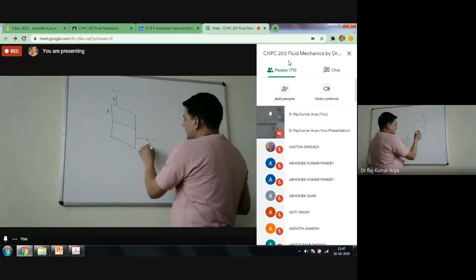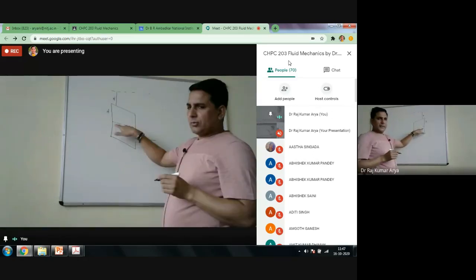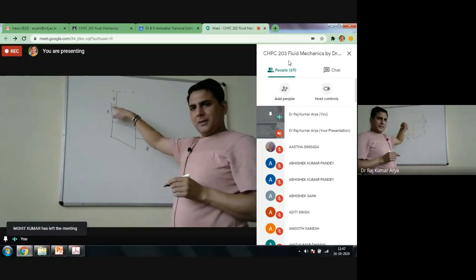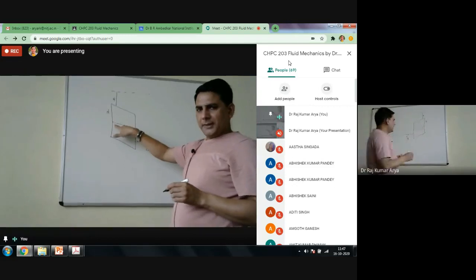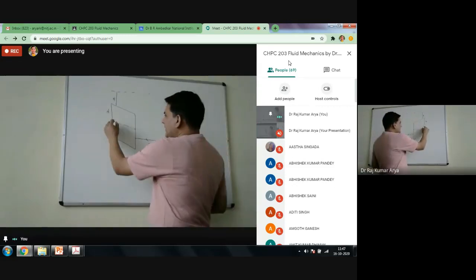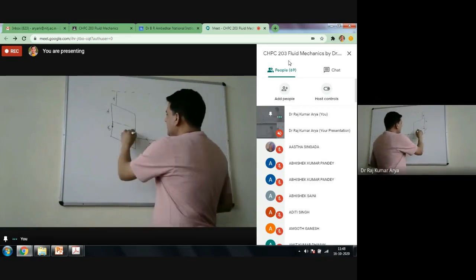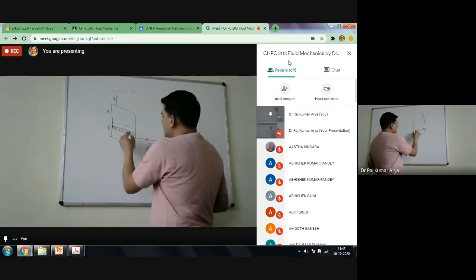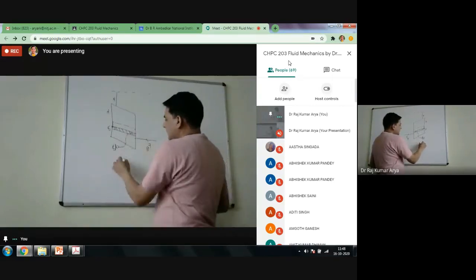Now, for the safer side, you start your coordinate system from here. You could take your coordinate from the previous one, but for the safer side, just take your coordinate system now from here. So this is your y now, and this is your dy. Your width is just 1.